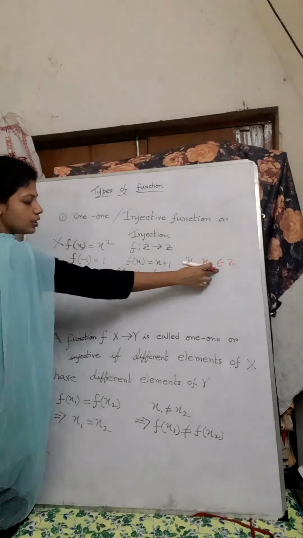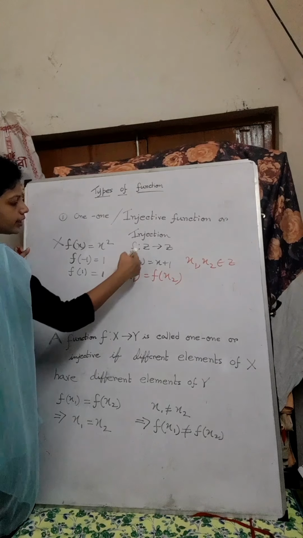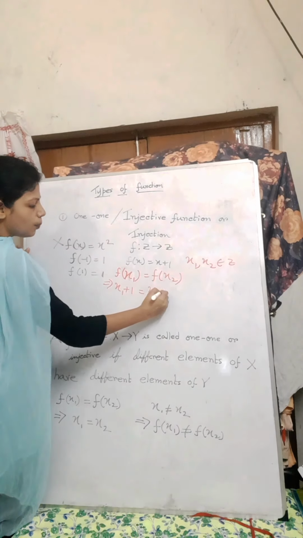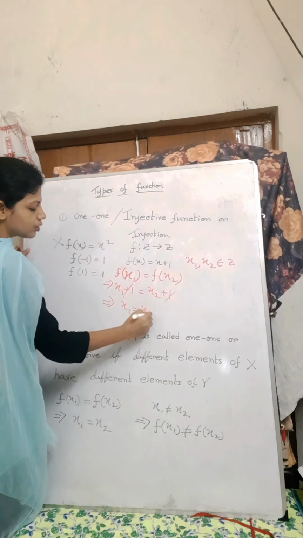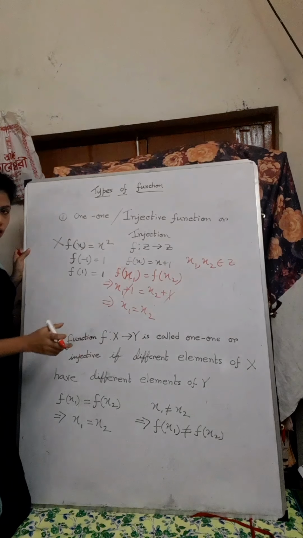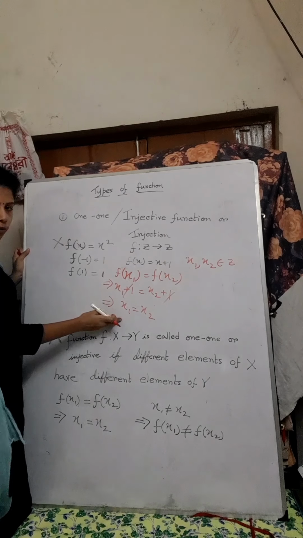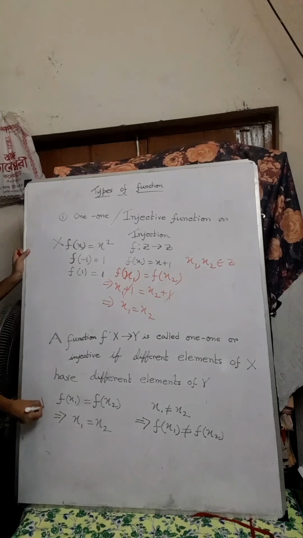That's why they belong to Z. Now f(x1) equals f(x2). This means x1 plus 1 equals x2 plus 1. I will cancel, x1 equals x2. So first I have assumed that f(x1) equals f(x2). From there I have found x1 equals x2. Just like this one. That means the function is 1-1.